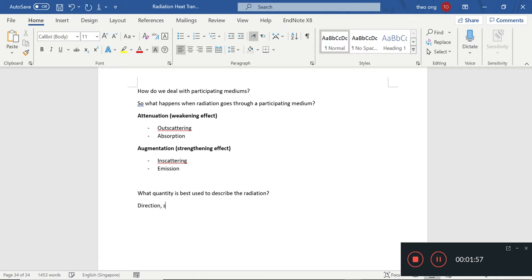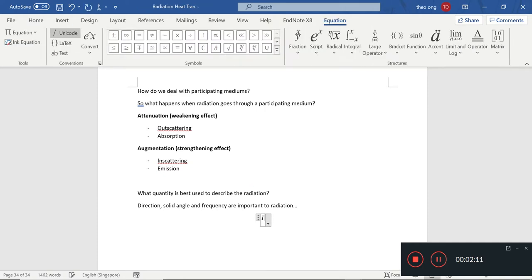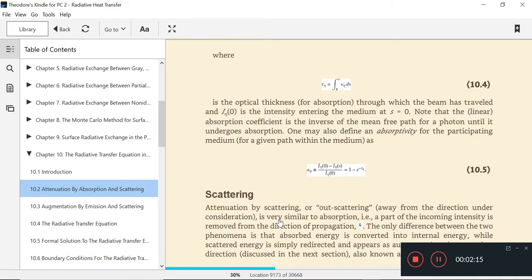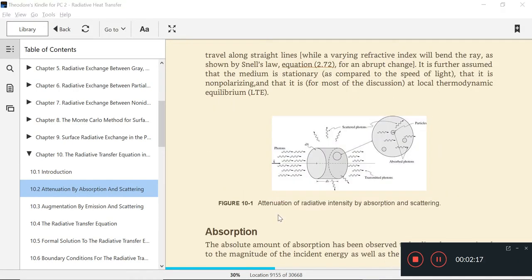Direction, solid angle, and frequency are important to radiation. So what is the best quantity? The quantity that takes all of this into consideration is intensity. Intensity is usually what we use to describe radiation.